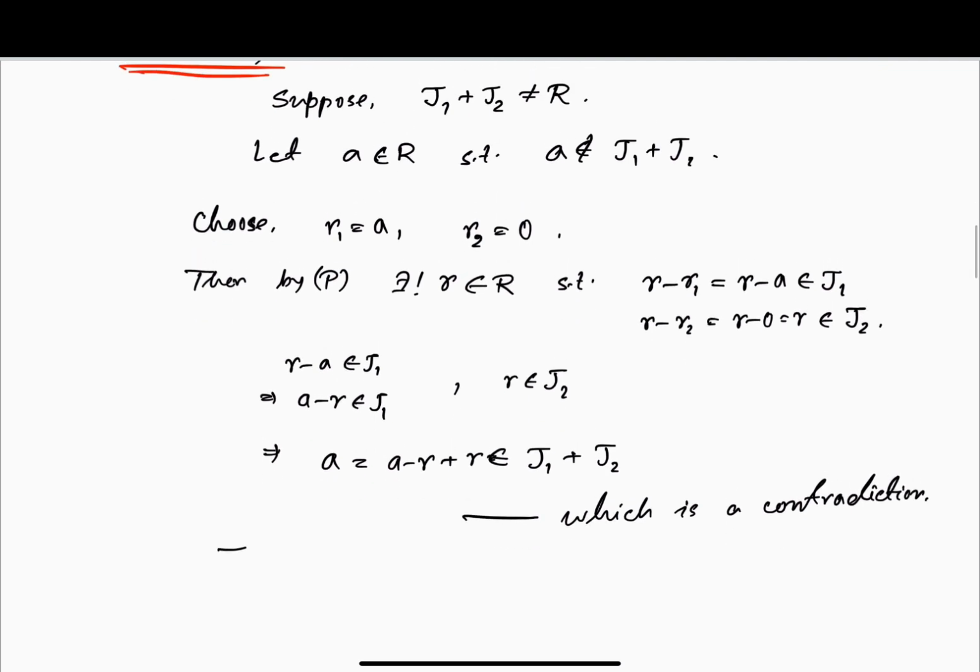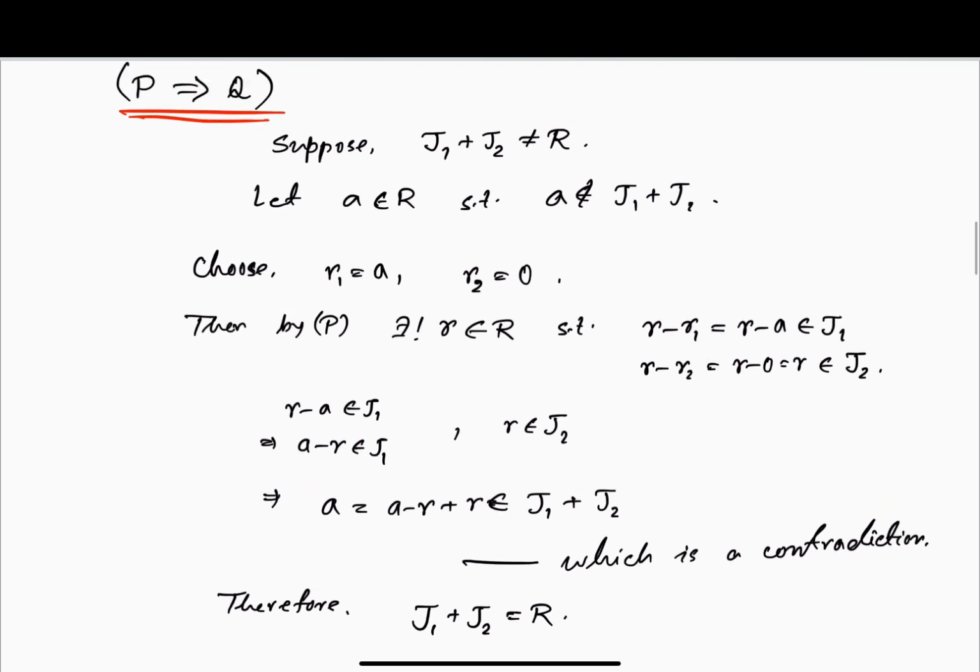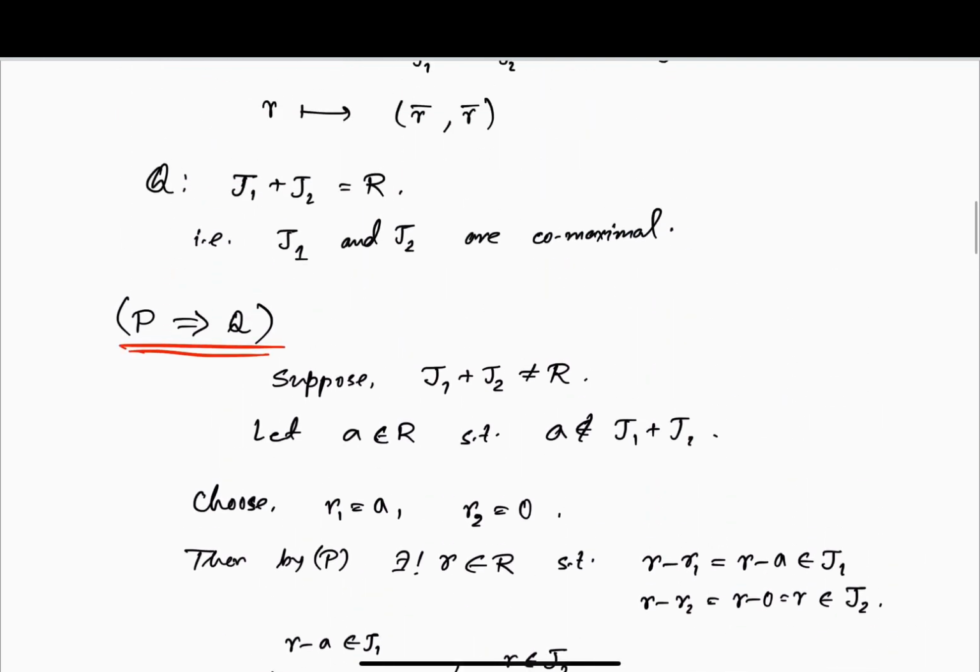Therefore J1 and J2 are co-maximal, J1 plus J2 is R. Okay, so we've got P implies Q.